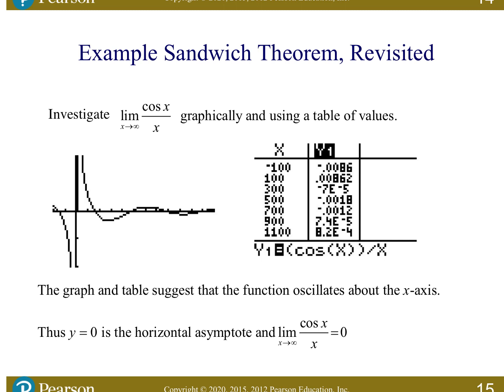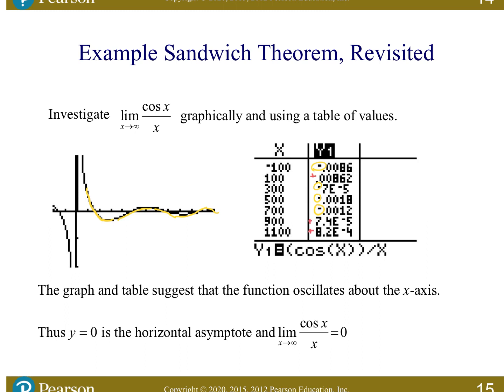So if we're looking at this graph graphically, it appears to oscillate. It dips below the x-axis and then above the x-axis and then below and then above. And the table would support that, that it's going from a negative to a positive, and then a couple negatives, and then back to a couple positives.